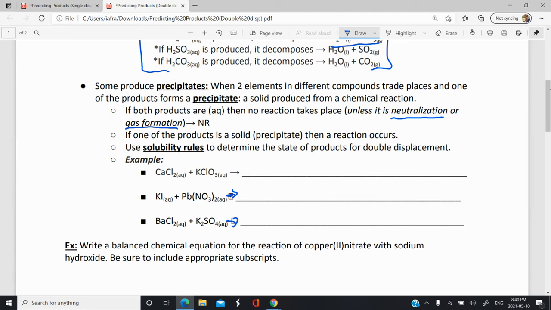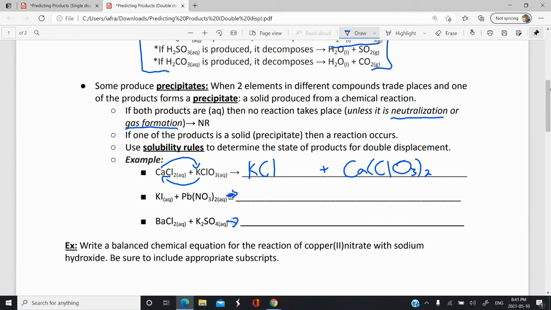We have CaCl2 plus KClO3. We're going to do a double displacement. So the cations will switch spots, and we'll get KCl plus Ca(ClO3)2.